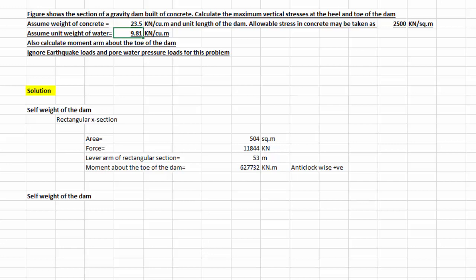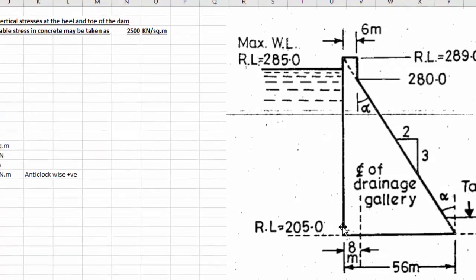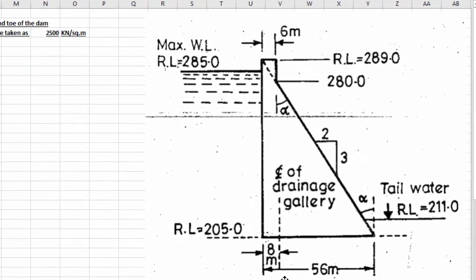As I said earlier, this is a simplified problem, and what I mean by a simple problem is that we are going to ignore the earthquake loads here, and we are also going to ignore the pore water pressure load, which usually acts in the vertical direction from the bottom up towards the dam structure.